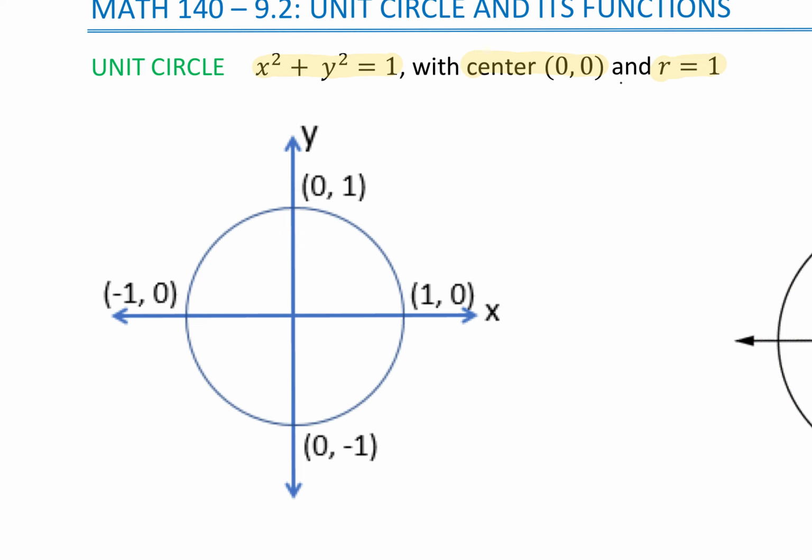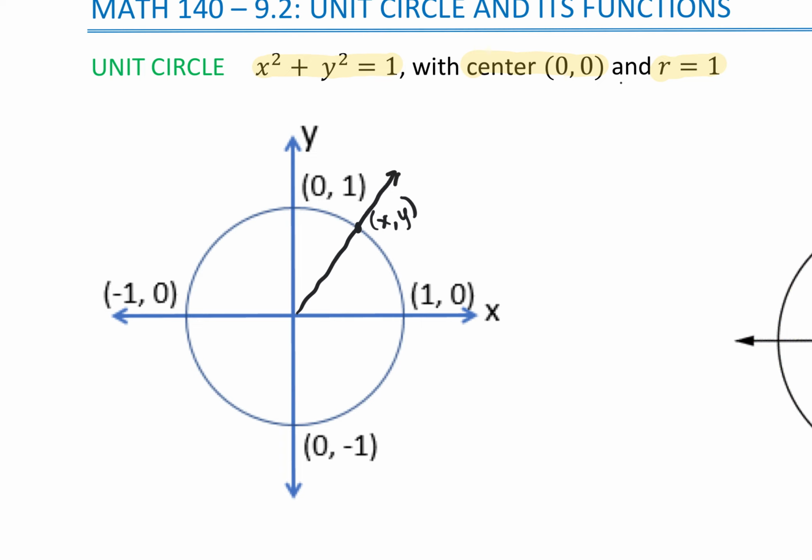I'm going to define some functions based on our unit circle. Let's just take any point on our circle and we'll call that point (x, y). Notice that if I draw a ray, and let's see if I can actually draw a straight line coming out, close enough.